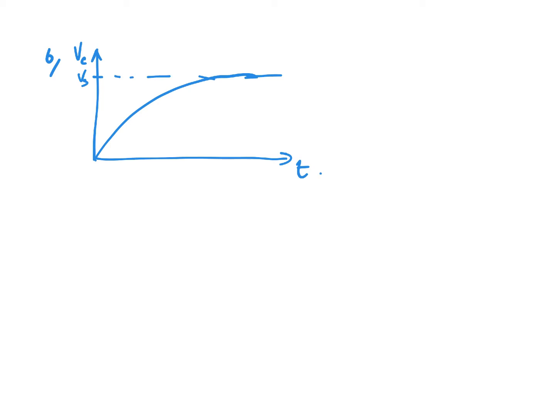If we used a smaller capacitor, then that means it can store less charge, which means it will fill up quicker. You're using the same supply voltage. It will still reach the same value, but it will reach it quicker and then go along flat at those values. So smaller capacitance means a quicker charging time.